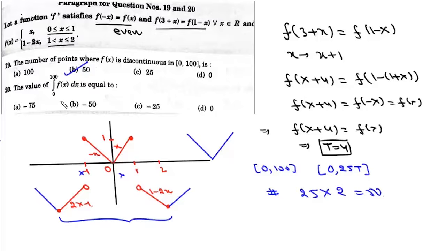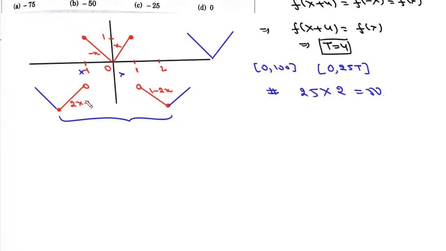Now we need to find the value of the integral from 0 to 100 of f(x) dx. We know that the integral from 0 to nT of f(x) dx is n times the integral from 0 to T of f(x) dx.